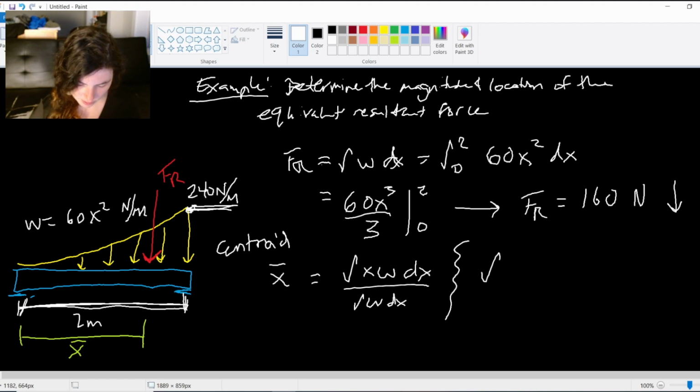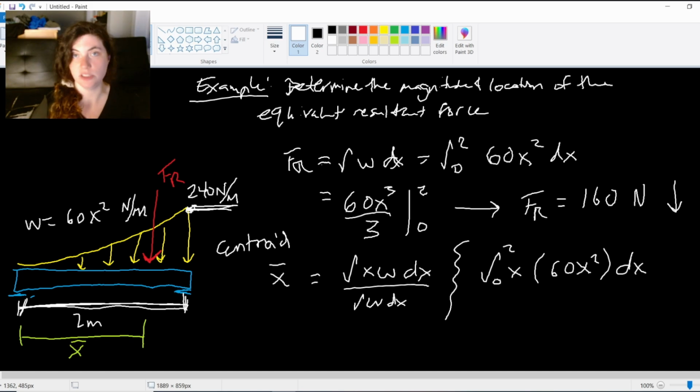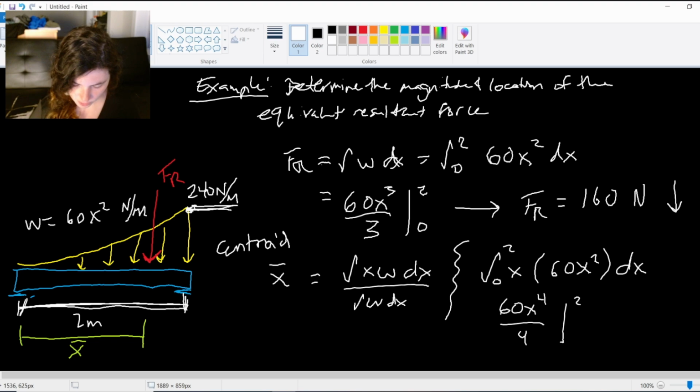Off to the side, I do my integral of x times 60x squared dx, evaluated over the entire length from 0 to 2. Now I'm integrating 60x cubed, so I get 60x to the 4th over 4, evaluated from 0 to 2.